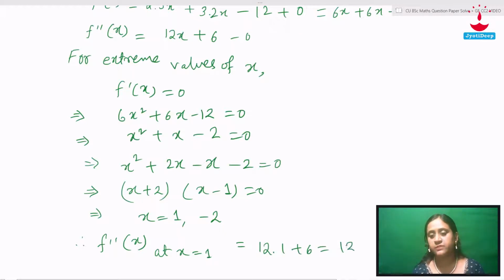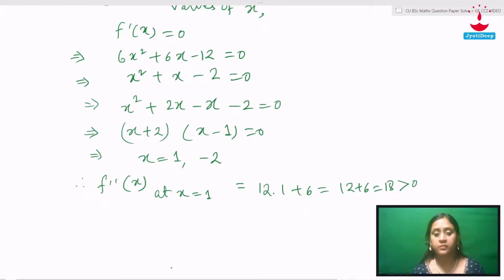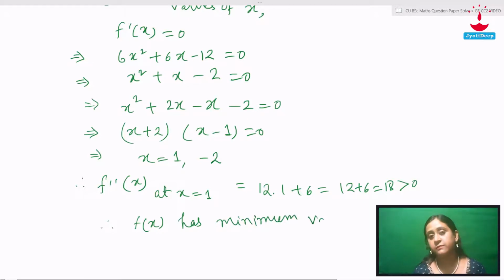That means 12 plus 6, this is equals to 18. 18 is greater than 0. So fx has minimum value at x is equals to 1.